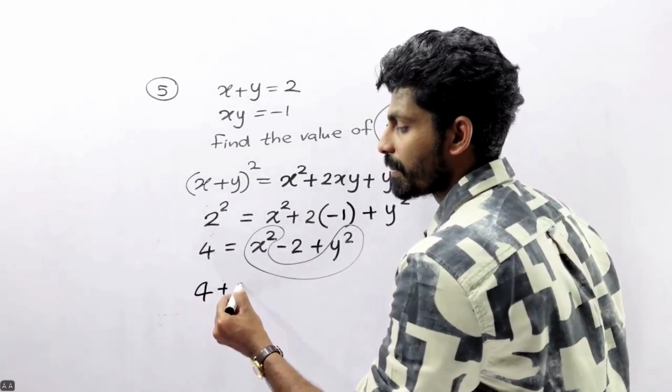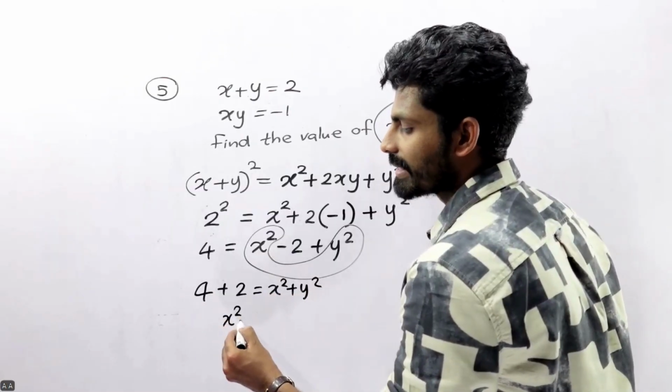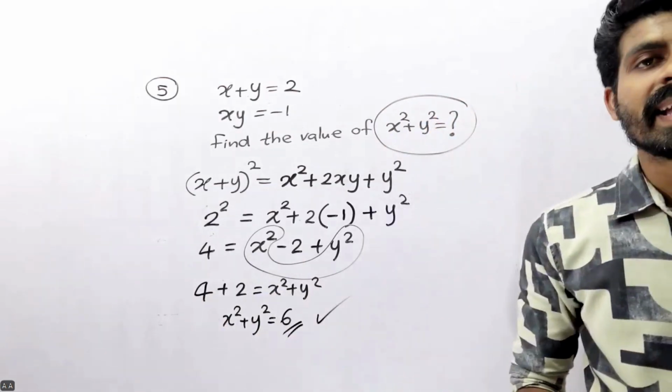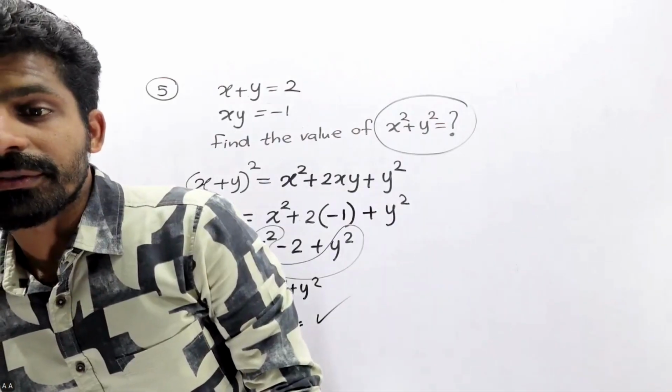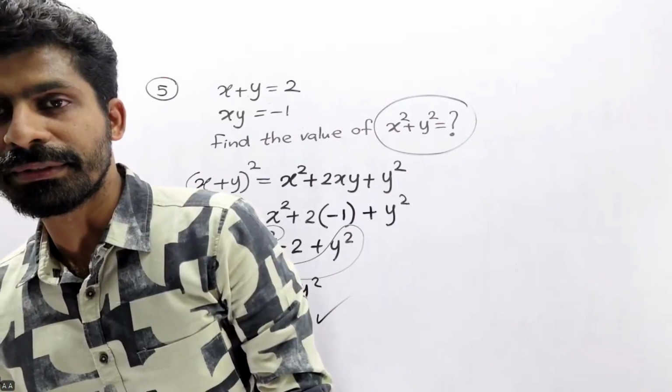So 4 plus 2 equals x squared plus y squared. x squared plus y squared equals 6. Right?